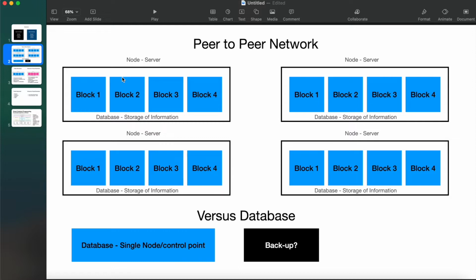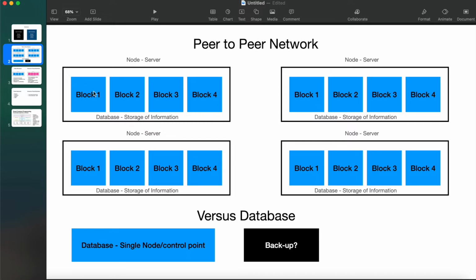But how a blockchain prevents that is that within a proper network of blockchains, you would have more than one peer storing the same information. So you would have my node server that I'm maintaining, and then Mr. X maintaining another node server, Mr. Y, Mr. Z, and there are a lot of these blocks distributed across multiple servers storing the same information.